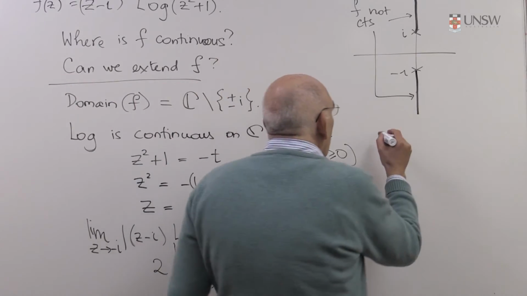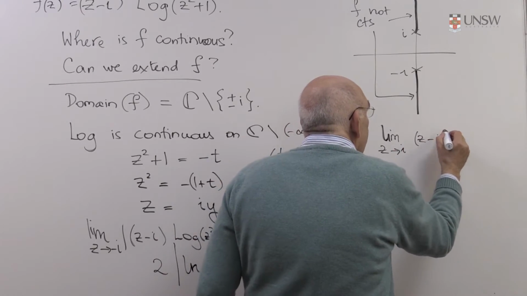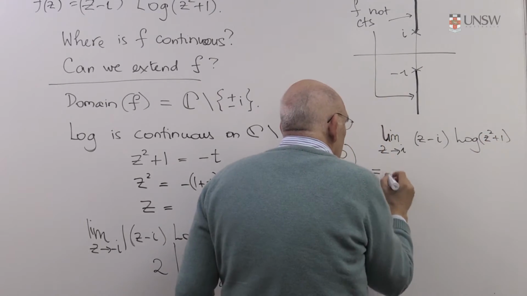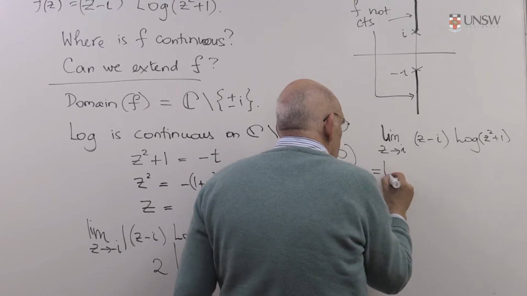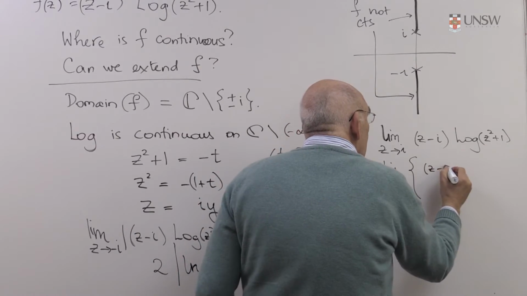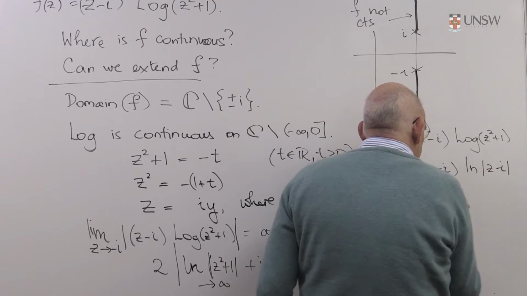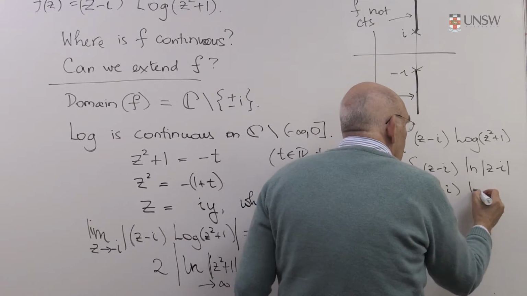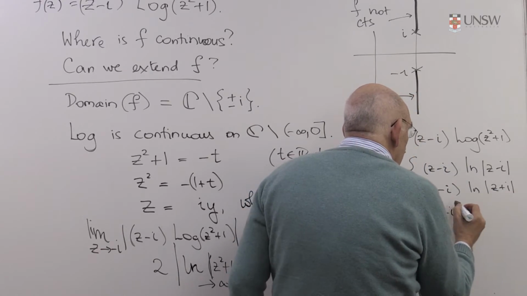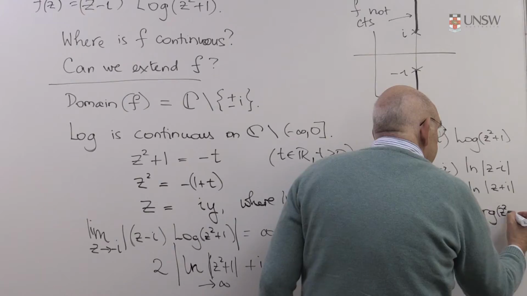However, now I look at the limit as z goes to i of (z − i) log of z² + 1, which I can write as a sum of three pieces: (z − i) ln of the modulus of z − i, (z − i) ln of the modulus of z + i, and (z − i) times i times the arg of z² + 1.